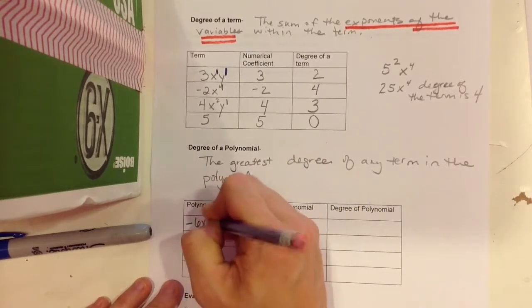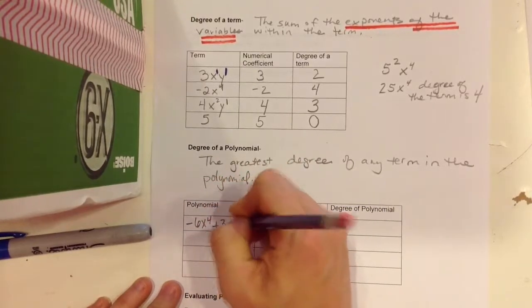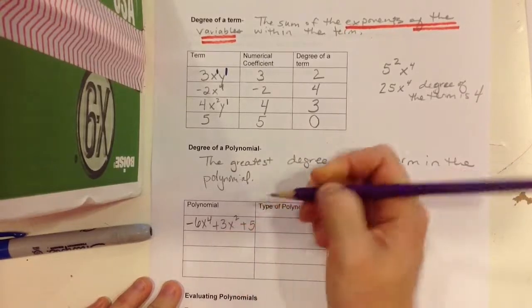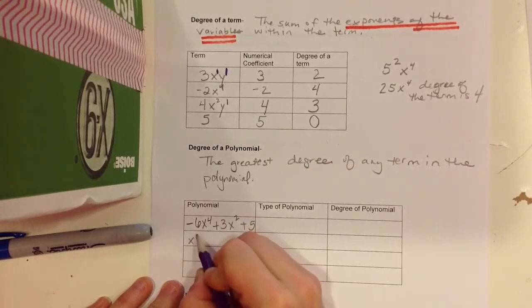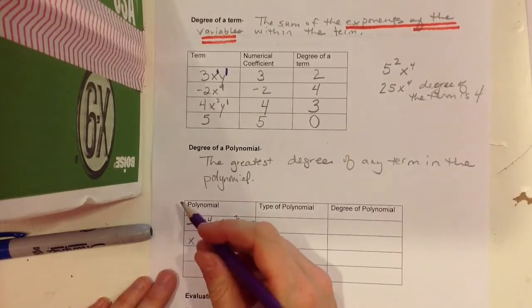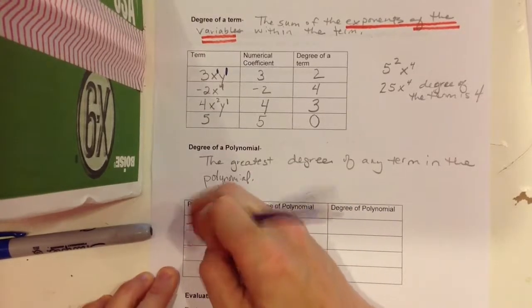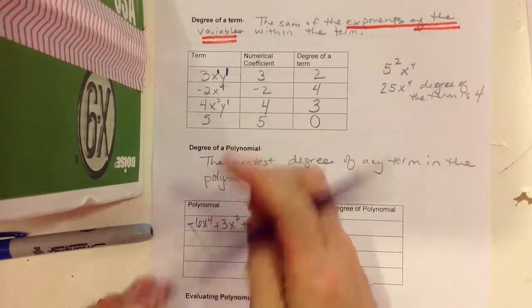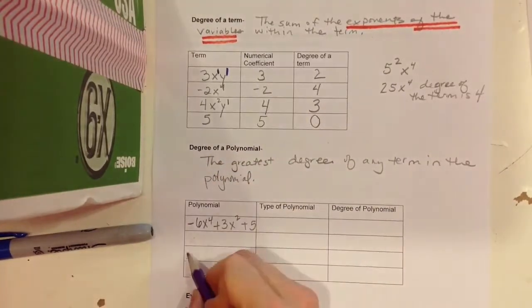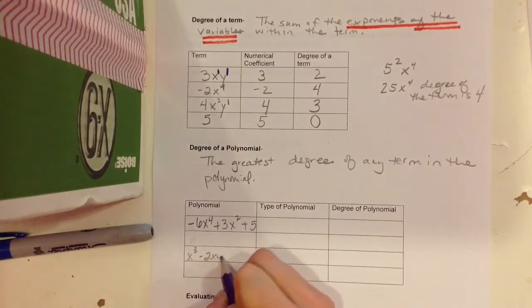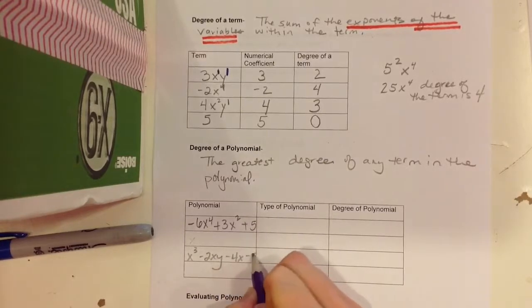I have negative 6x to the fourth plus 3x to the second plus 5. I'm going to skip a step so I have room to write. Then I have x to the third minus 2xy minus 4x minus 5.